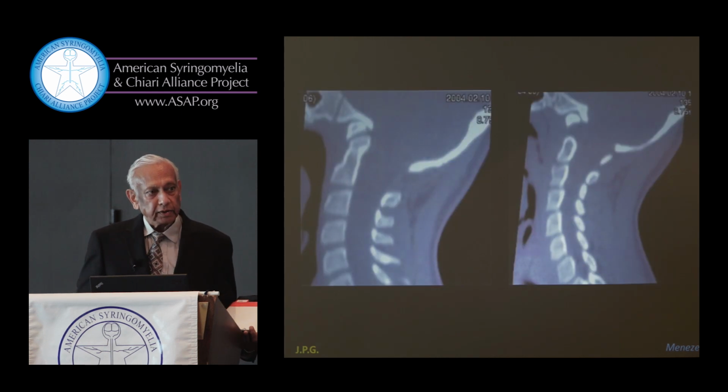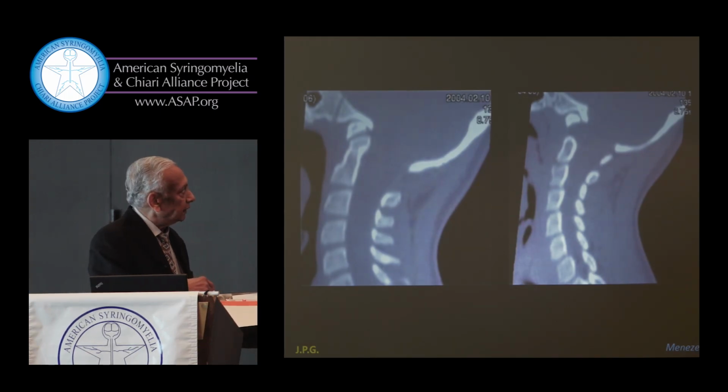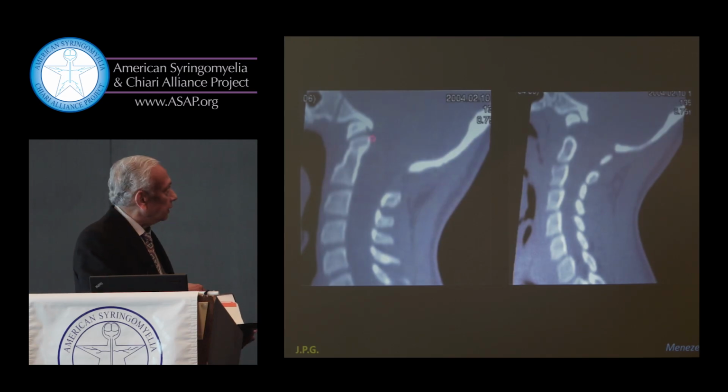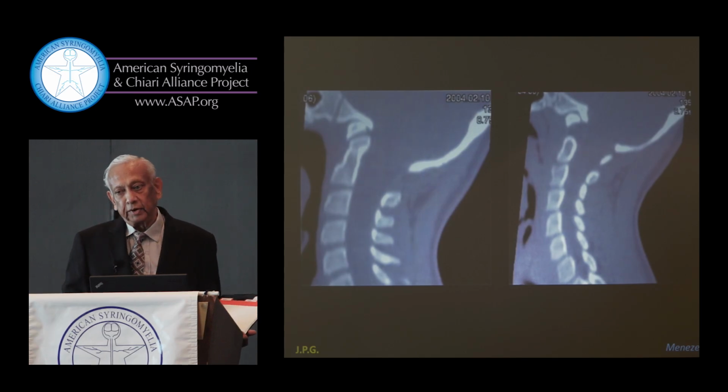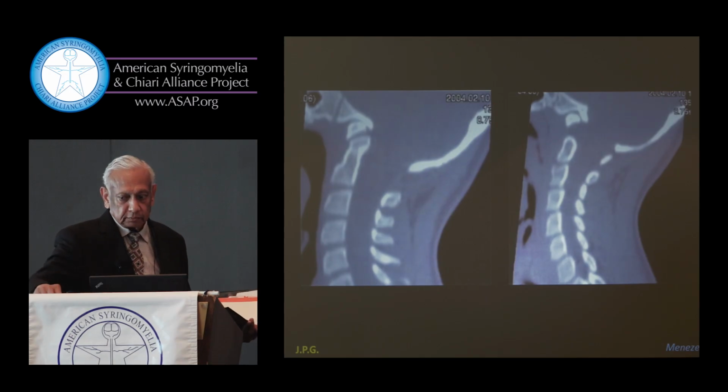If we look at a 2D, what we're seeing here is segmentation failure of the first bone from the skull. This angle is wrong. That angle should be 125 to 135 degrees. It's getting close towards being acute.